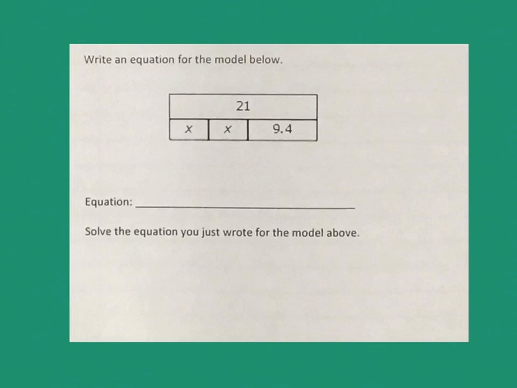This last one, it says write the equation. So this is kind of like a fraction bar. The whole thing is 21. And then the bottom are the parts that make it up. Okay, so this would be your right side, or this would be the answer.